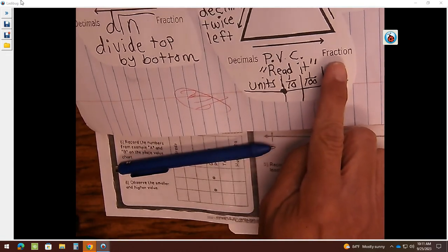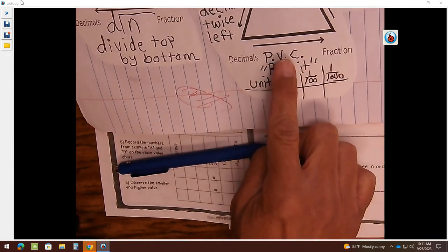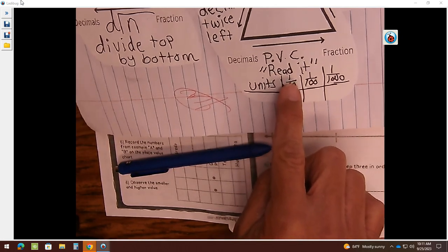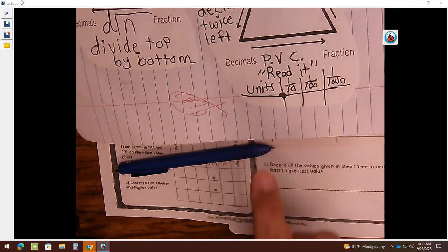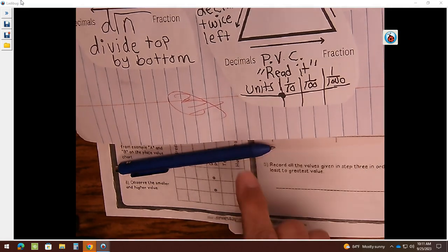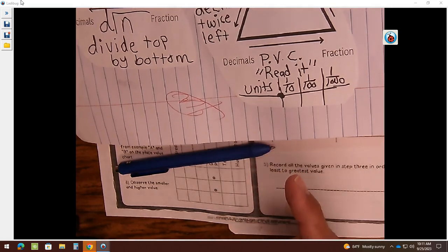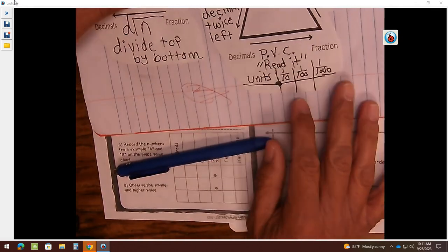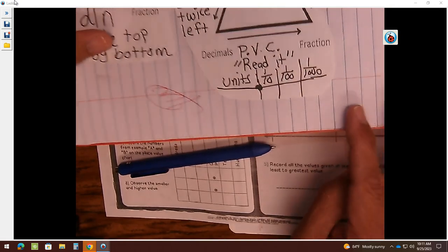From decimal to fraction, we use a what? Place value chart, or if you know how to read it, which is really what I would want you to do. If I know how to read them, you'll know the answer quickly. Today I'm going to teach you how to read it in case you still do not know how. So look at what it says, 0.4, right? I'm going to use her journal so you can see what I'm talking about.